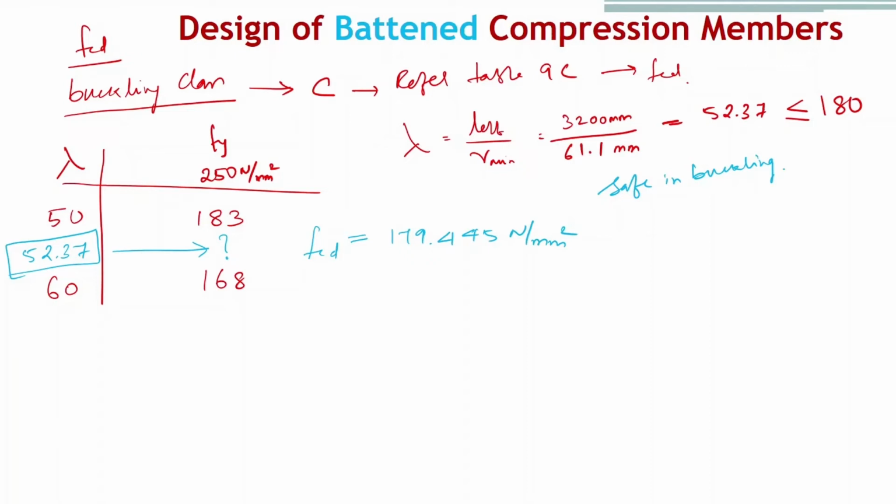Once you know the design compressive stress, the design axial load carrying capacity is area into compressive stress. So 2 times 2088 into 179.445, which is equal to 749.36 kilonewton.